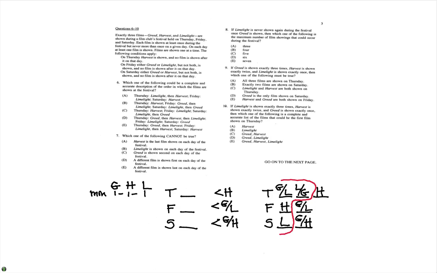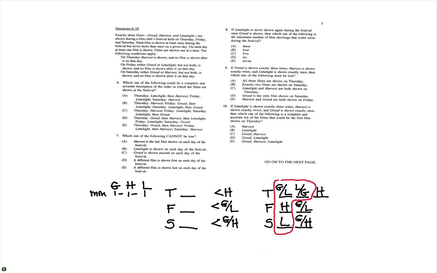We must have either Greed or Limelight on Friday, but not both. We must have either Greed or Harvest, but not both, on Saturday. No film can come after any of these films on any day. So this is the maximum scenario. But again, note that we need at least one Greed. And that's the thing, you notice we haven't actually placed Greed.